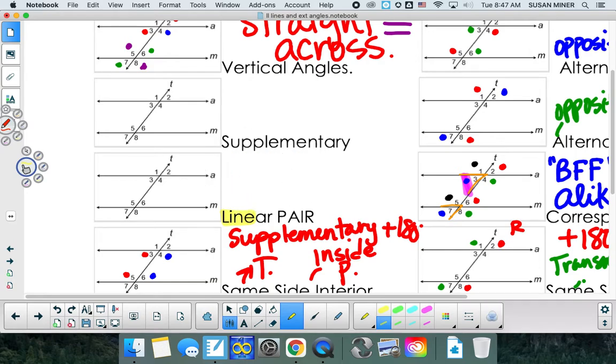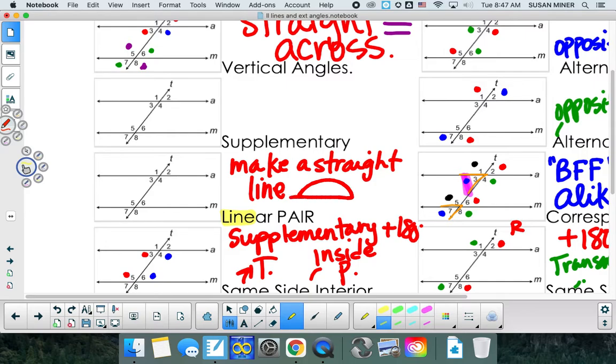They make a straight line. They make that nice half circle, right? They're like two angles that make that nice half circle. They add up to 180 degrees. They are supplementary to each other.